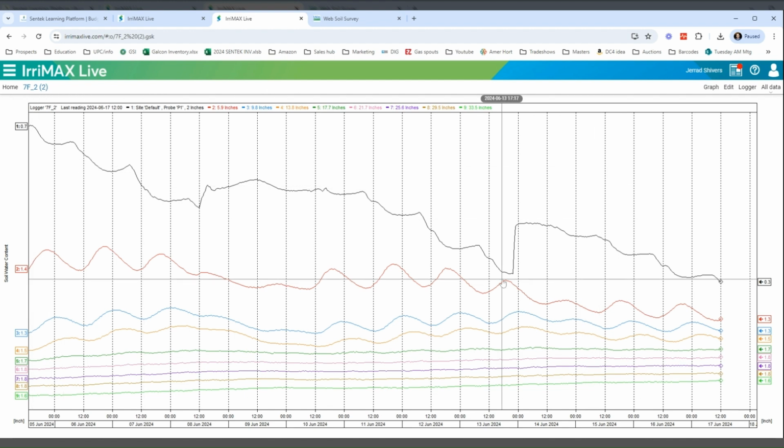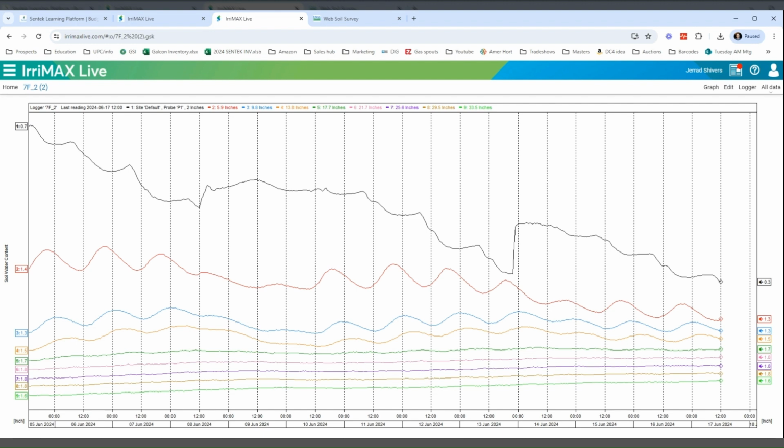Now, this is the graph that we see. What we notice first is we have numbers along the left-hand side that represent a theoretical amount of moisture that would be in a cubic foot if you could milk all the moisture out of that cubic foot.